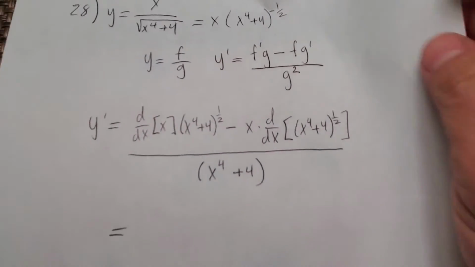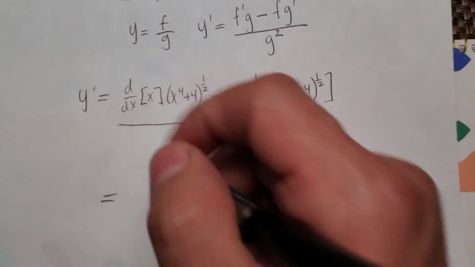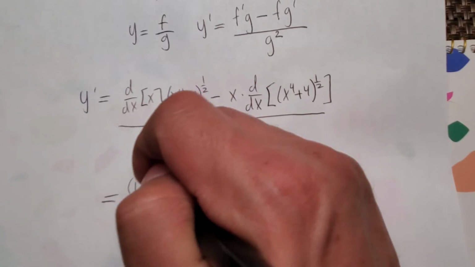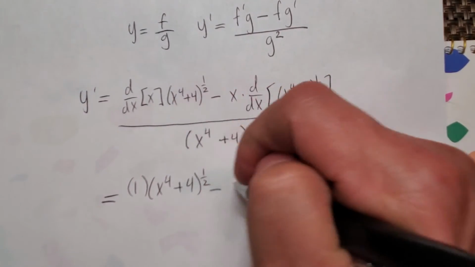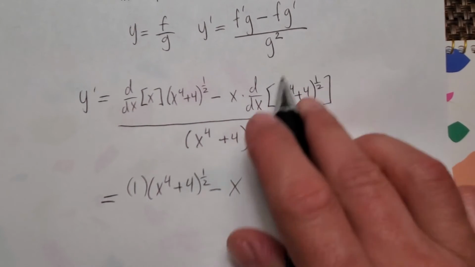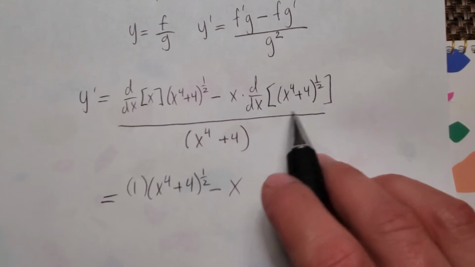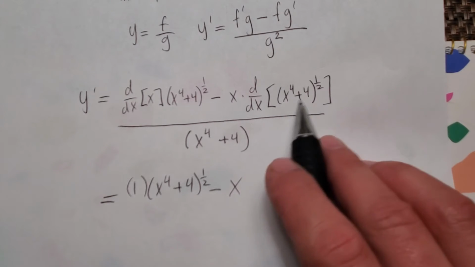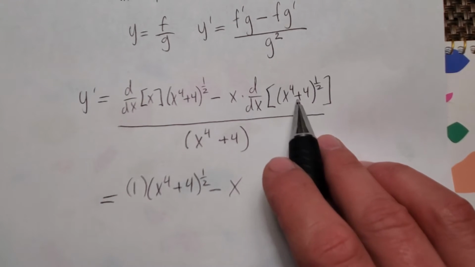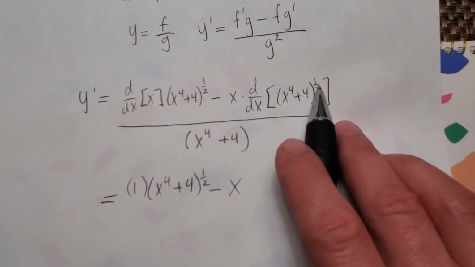So the derivative of x is just 1 times x to the fourth plus 4 to the 1/2 minus x times the derivative of the denominator. Notice that we are going to have to use the chain rule here because we have x to the fourth plus 4 raised to the 1/2 power.